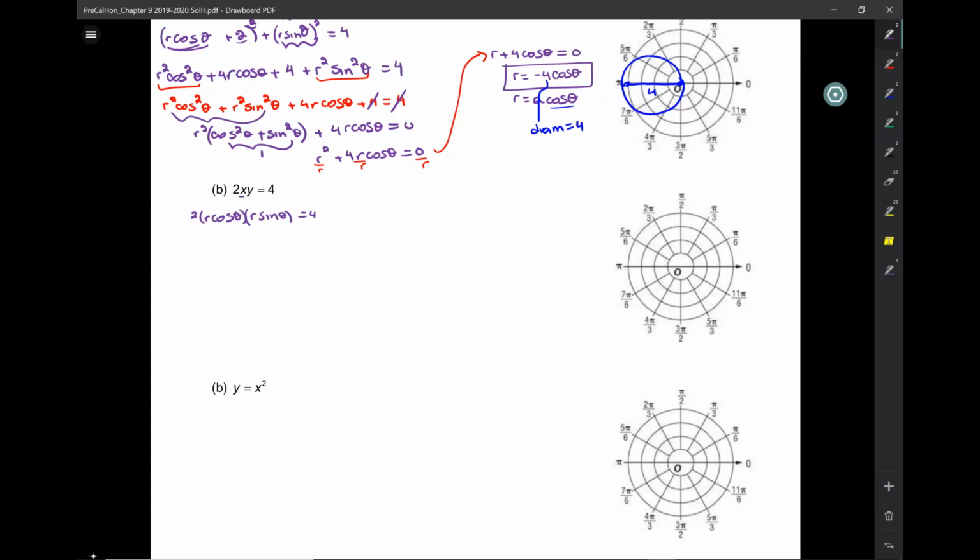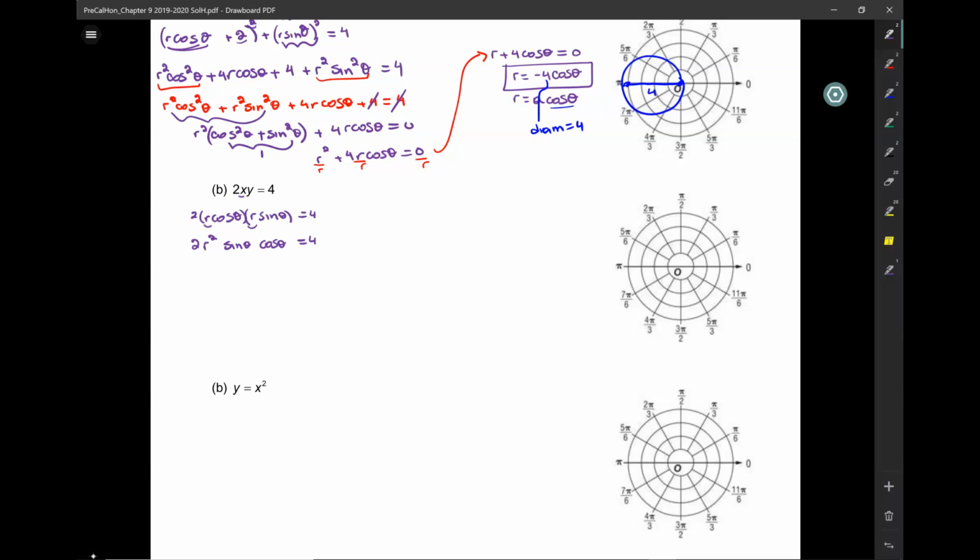Now, I know that you have every single urge to divide both sides by 2, but please, I'm telling you, resist that urge for a little bit, because check out what we're going to do right now. This is going to be 2, combining the r's, r squared, sine theta, cosine theta is equal to 4.